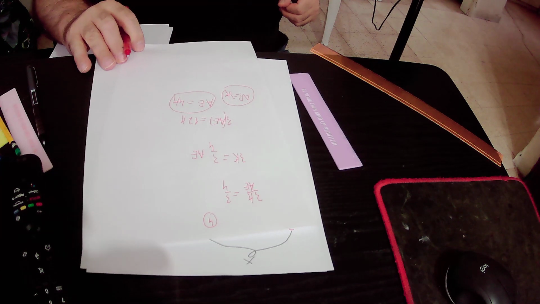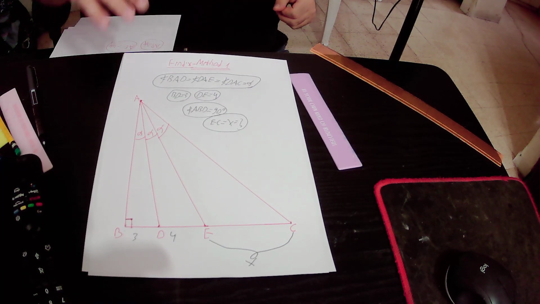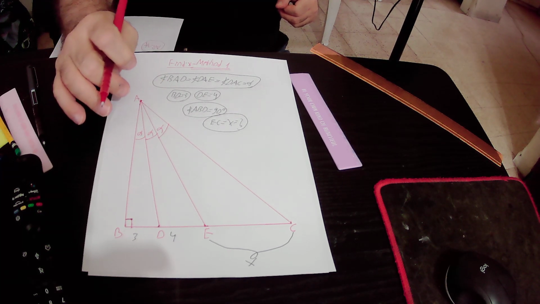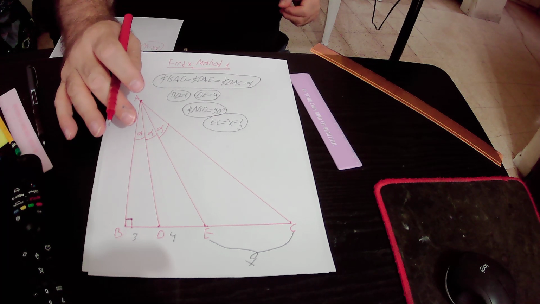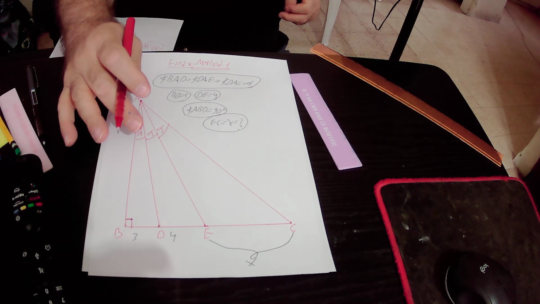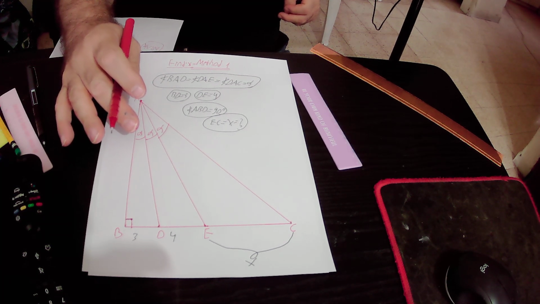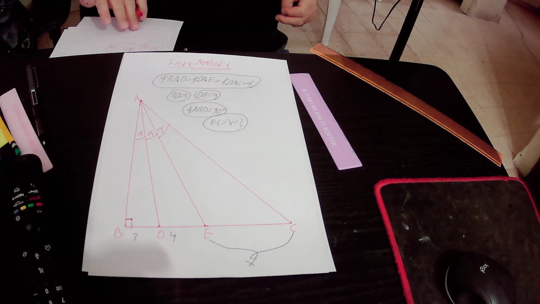Okay, so we will continue to focus on the right triangle ABE. According to the Pythagoras theorem, the square of the hypotenuse equals the sum of the squares of the perpendiculars in the right triangle ABE. That is to say, AB square plus BE square equals AE square.